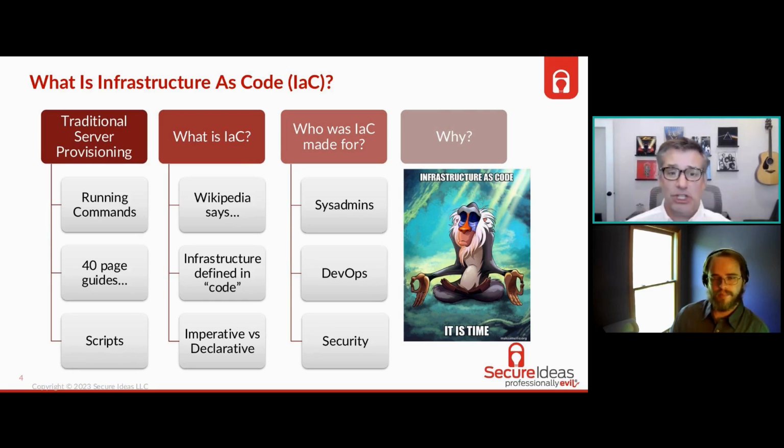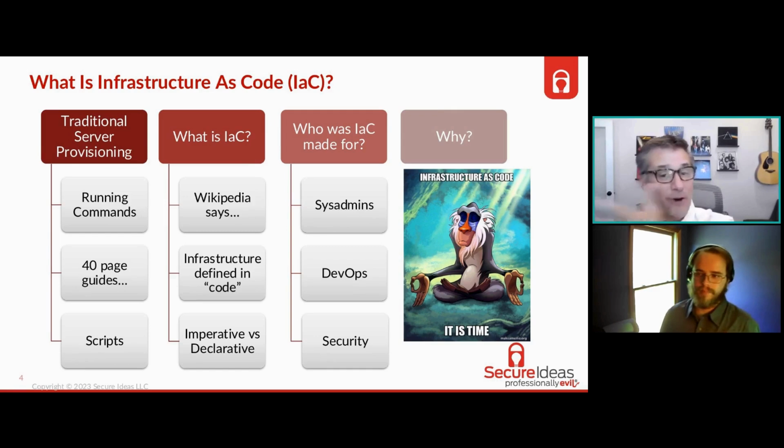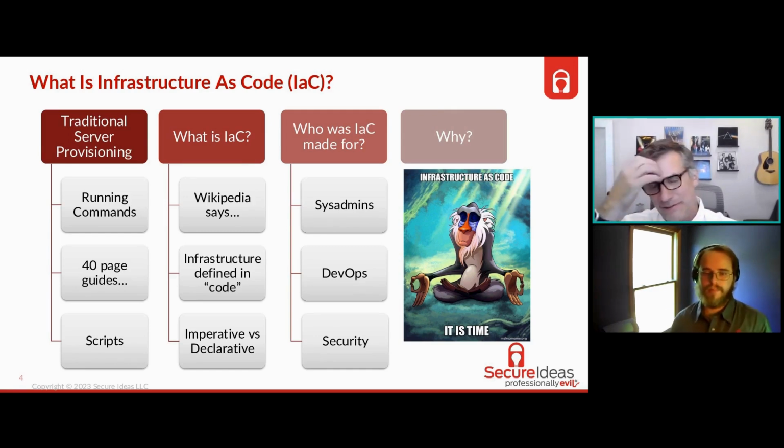That agility is important because our adversaries are equally able to capitalize on the agility and speed of infrastructure as code, deploying things very quickly and spinning up new infrastructure to attack us.